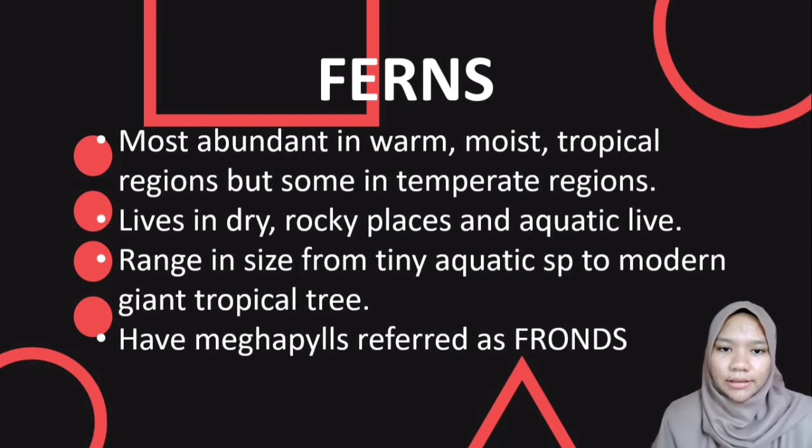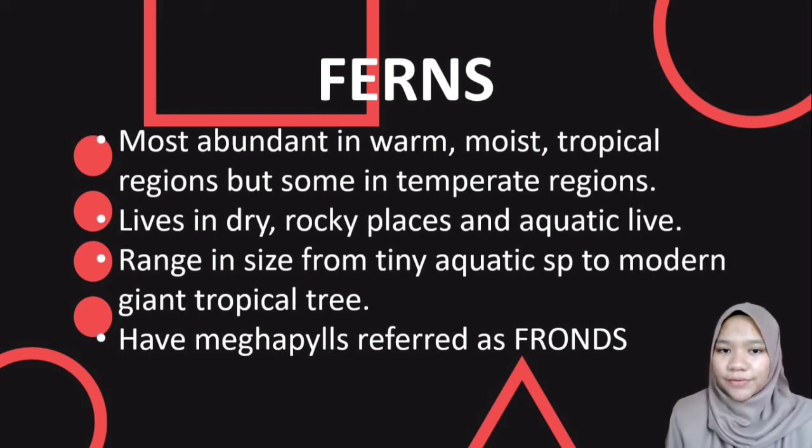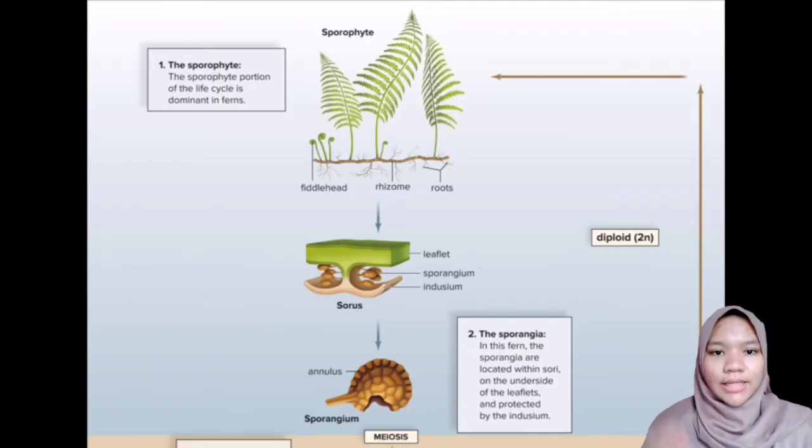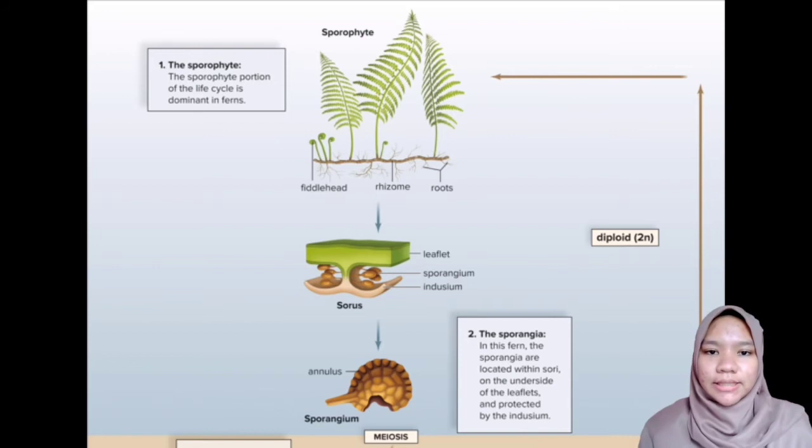Recall that unlike lycophytes, ferns have megaphylls, which are more commonly referred to as fronds. As you can see here, this is the life cycle of a typical temperate zone fern that applies in general to the type of vascular seedless plants. The dominant sporophyte produces wind-blown spores by meiosis within sporangia.